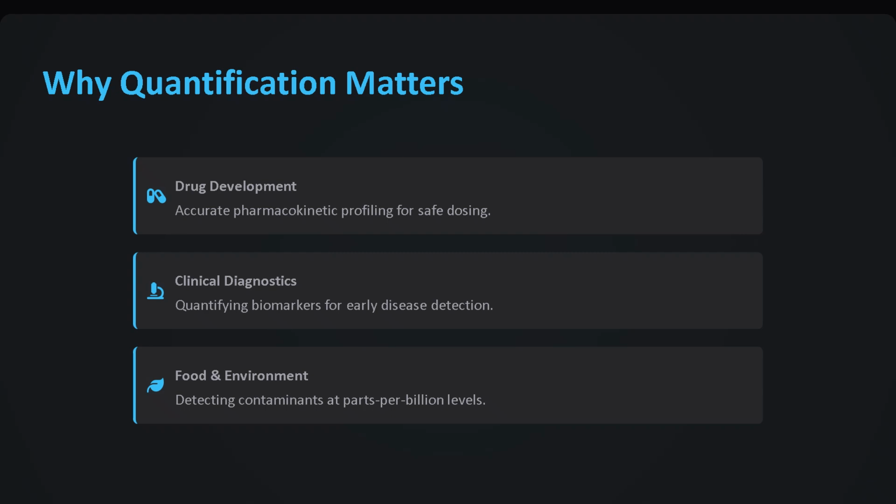In food safety and environmental monitoring, analytical laboratories must detect contaminants like pesticides, heavy metals, or pollutants, often at extremely low concentrations, sometimes at parts per billion levels. These applications require analytical techniques that are highly sensitive, selective, and reproducible, which is exactly where Triple Quadrupole Mass Spectrometry excels.